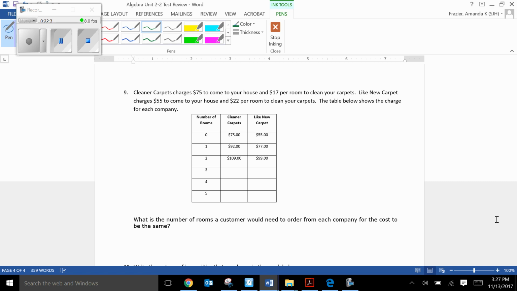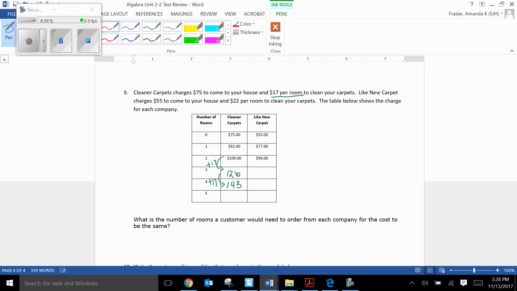Okay, so cleaner carpets is $17 per room. So they've already kind of started putting the table together for me. So if I continue, adding 17, this would be 126. And adding 17 again, this would be 143.